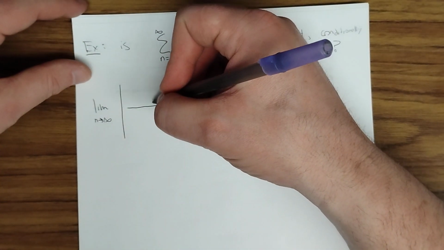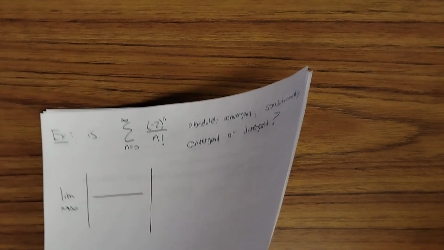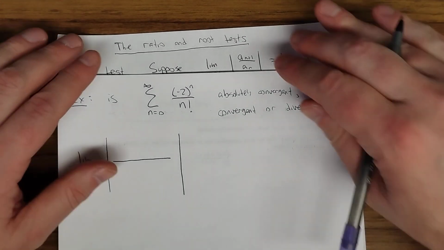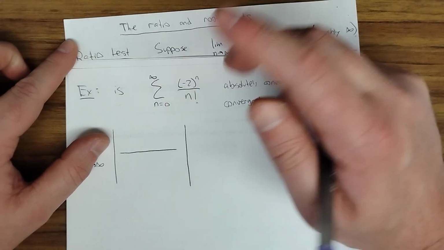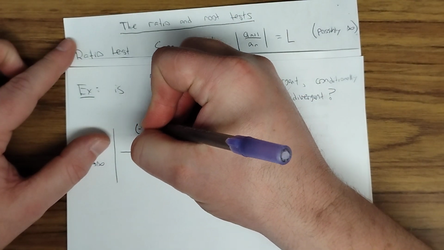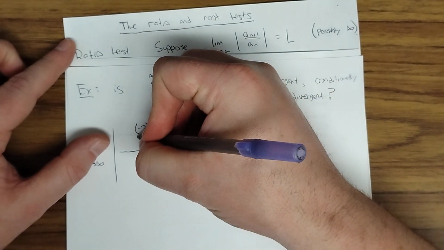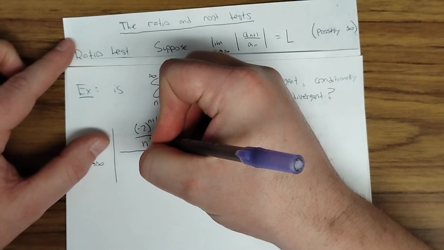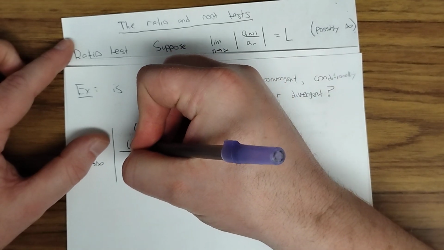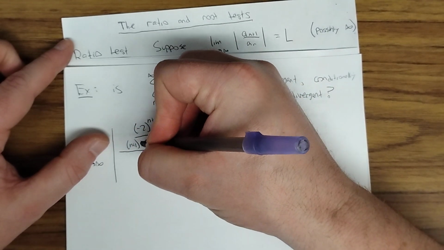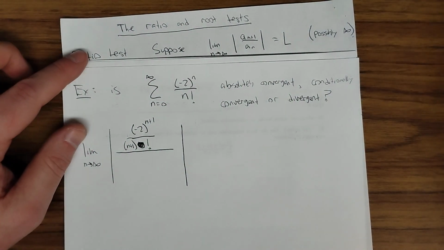So I need to do this, right? So here's my a sub n plus 1. Of course, that's n plus 1 factorial.